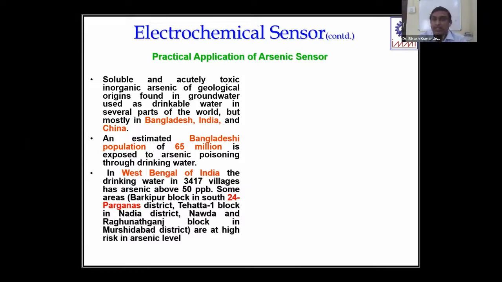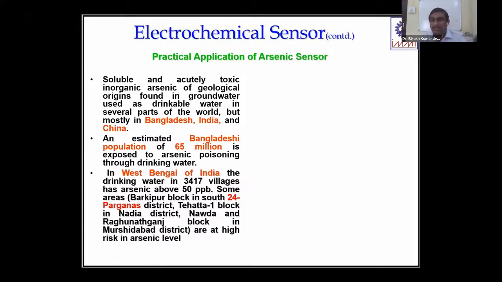So that's why we looked at the literature. We have observed that some parts of Bangladesh, India, and China, this Asia region I'm talking about, are also affected with arsenic. In India, like in West Bengal, about 3,417 villages have some percentage of arsenic contamination, because the geographical region is like that.